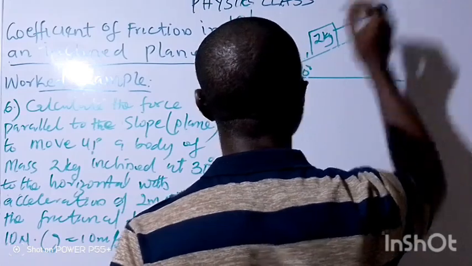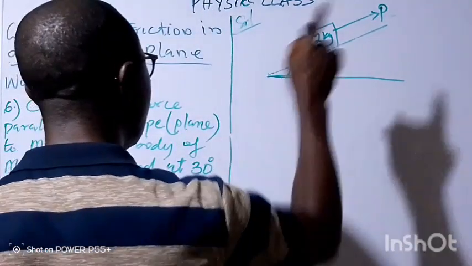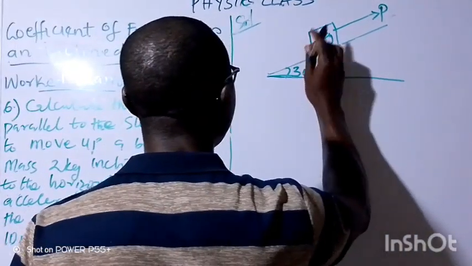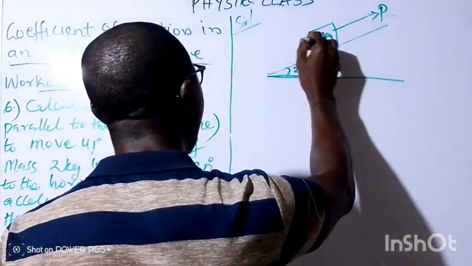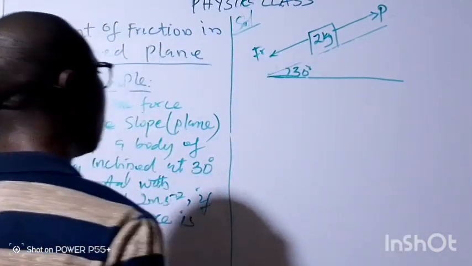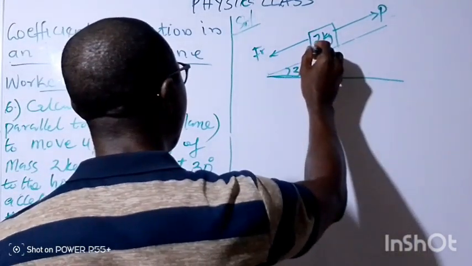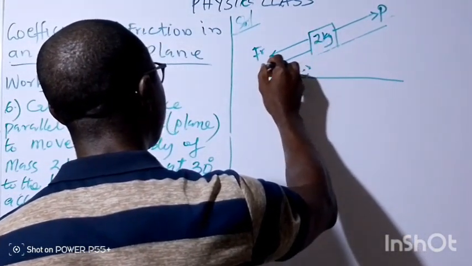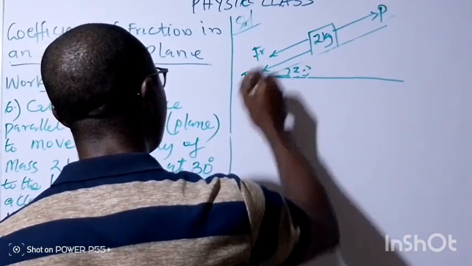Now, since this thing is moving up, the frictional force will act in the opposite direction. That is the Fr. Don't forget our parallel force, which is constant, we always act like this.